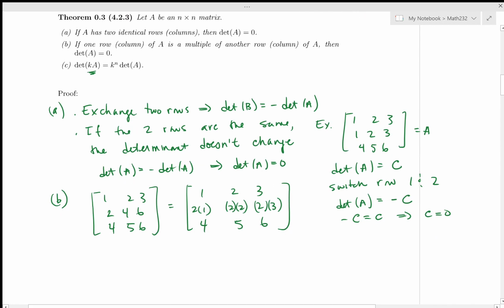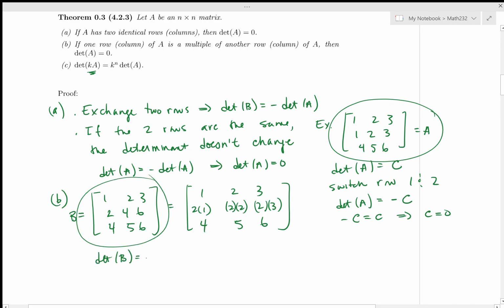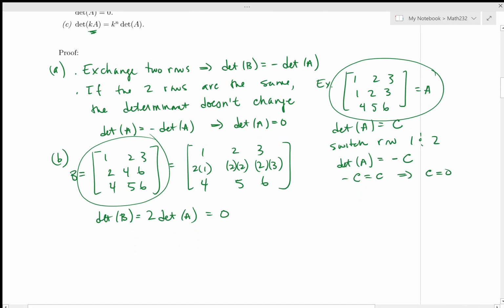Let me call this matrix B, keeping this thing equal to A. The determinant of B is equal to 2 times the determinant of A, because I multiplied one row by a constant, and we already determined the determinant of A is 0, so that is 0. Again, that's just combining with something else we used on the previous slide.